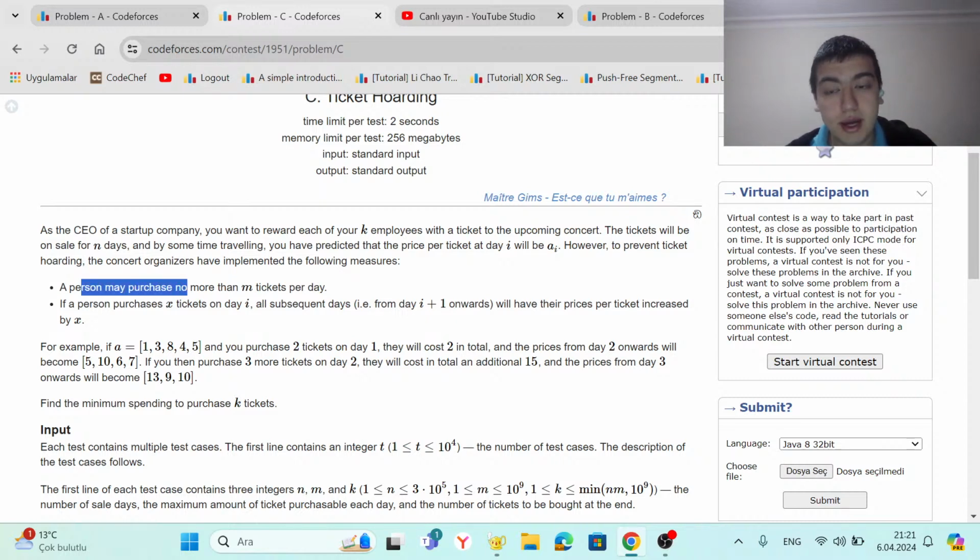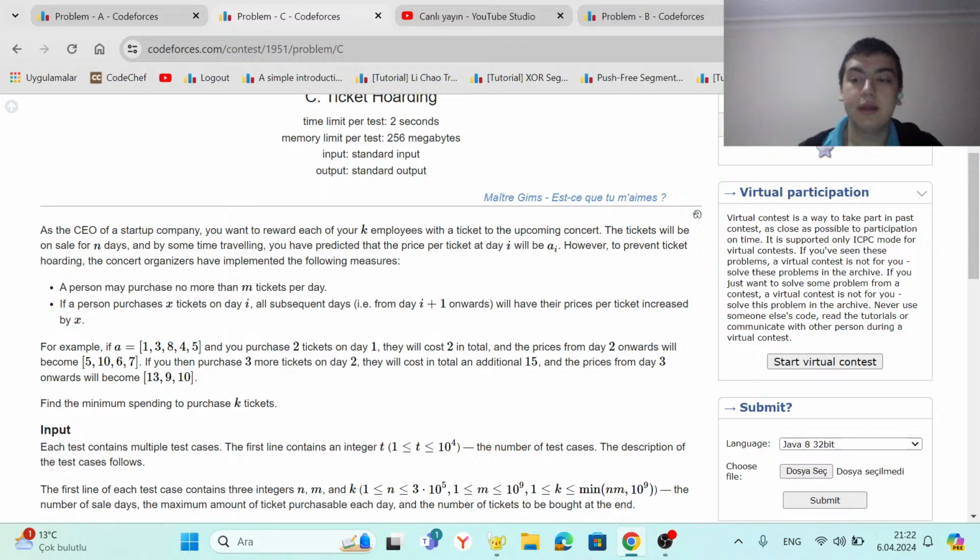You can buy at most M tickets in a day, so you cannot buy more than M tickets in one day. And if you purchase X tickets on day i, all of the subsequent days from i plus 1 to N, their price will increase by X.